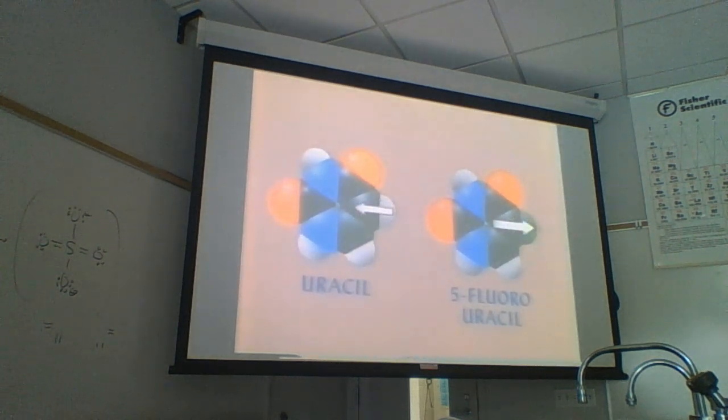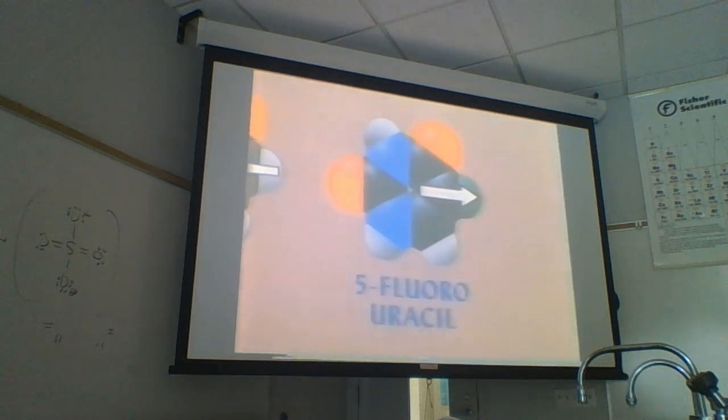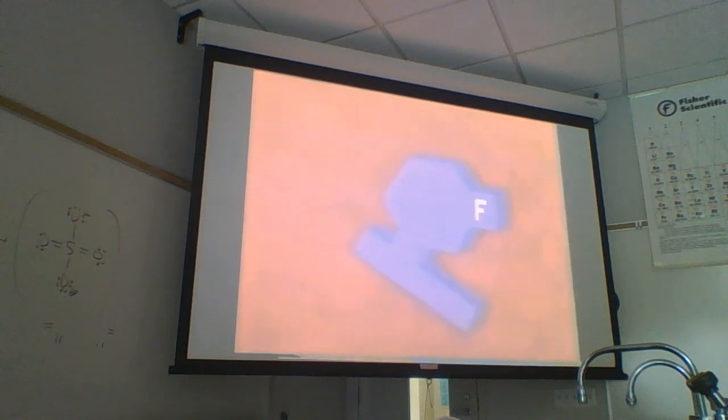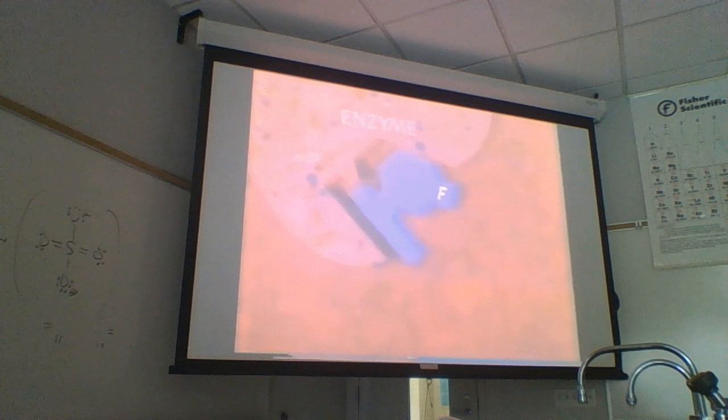And finally, the changed polarity may allow the fluorine compound to adhere more firmly to the enzyme than would a uracil compound.